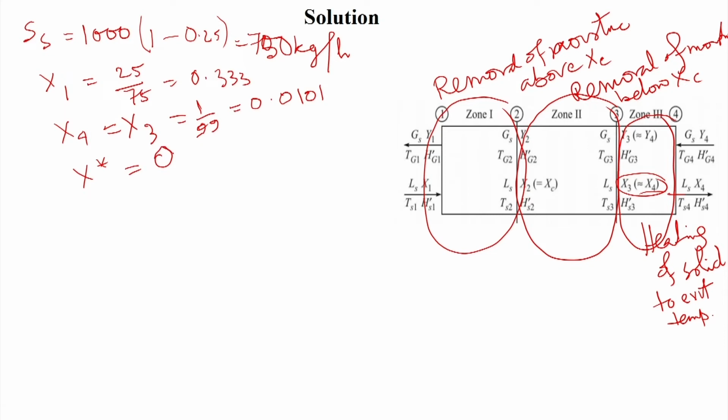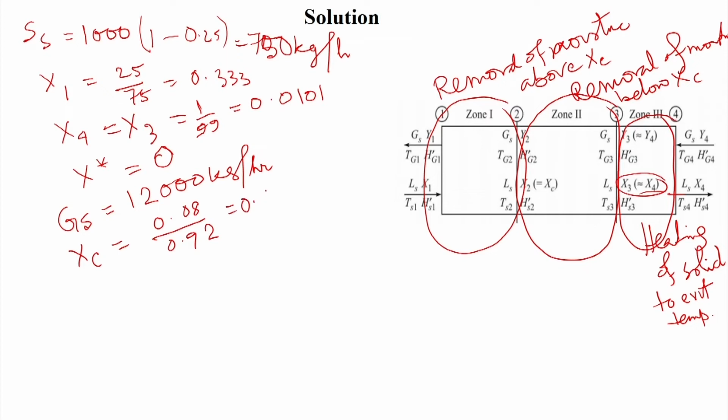X star, the equilibrium moisture content, is almost 0, so we assume it as 0. The drying gas flow rate is given as 12,000 kg per hour, and X c is given as 0.08 by 0.92, that is 0.087.